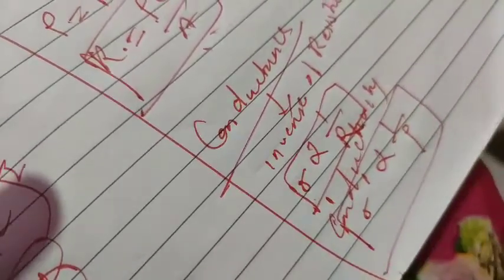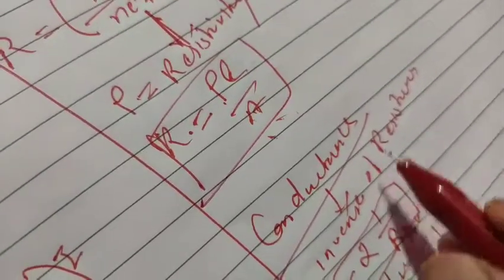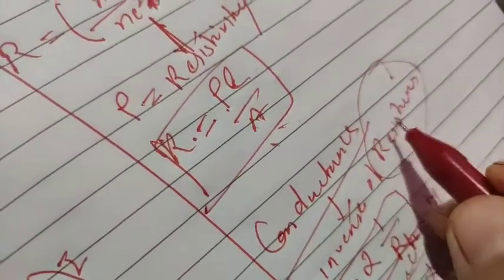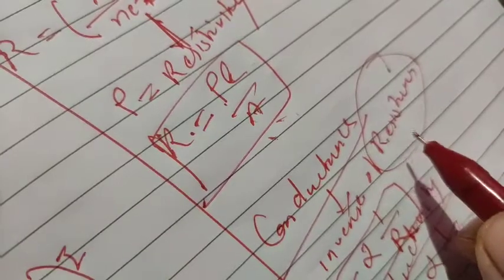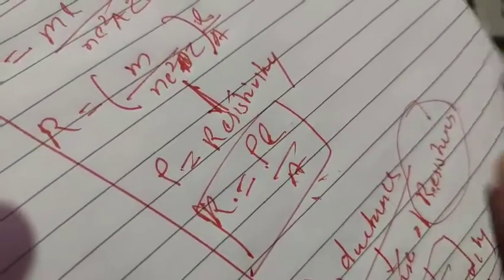Conductance and conductivity are different, student. Conductance is inversely proportional to resistance, which means it is an inherent property of an object, but conductivity is inversely proportional to resistivity, which is the property of the material of an object. Clear to you? And if you see the SI unit, you will see the variation.